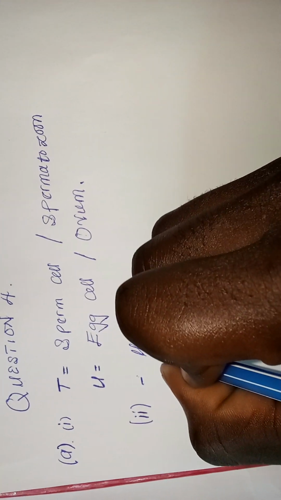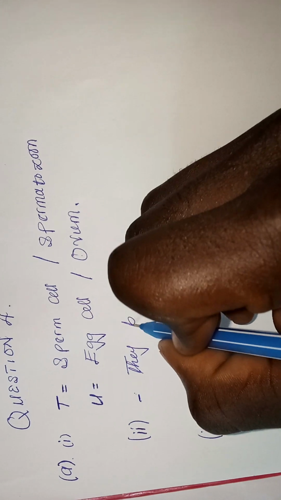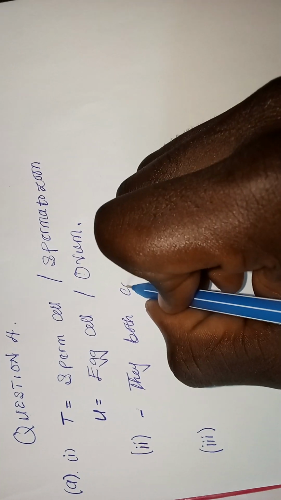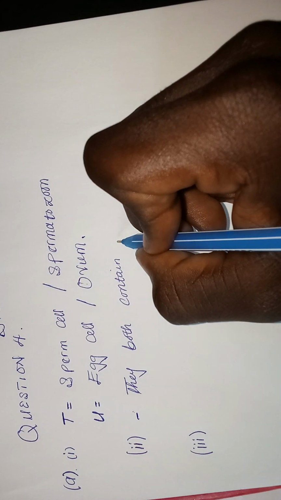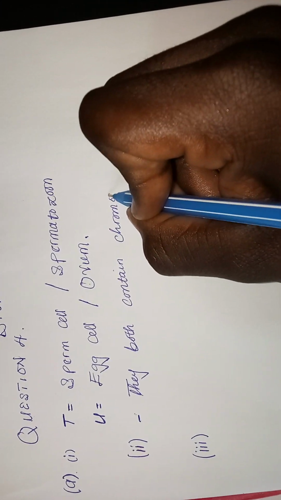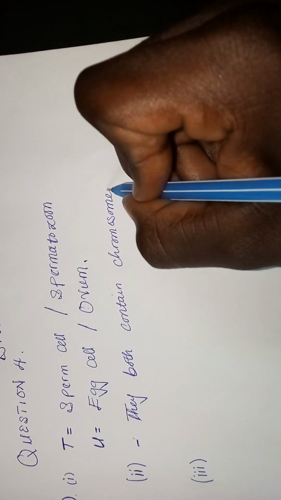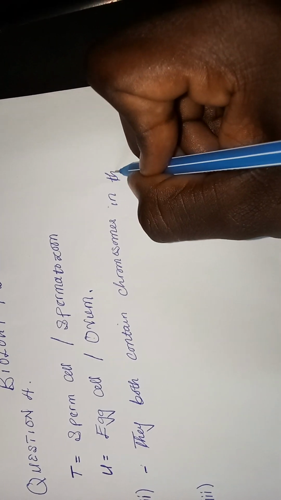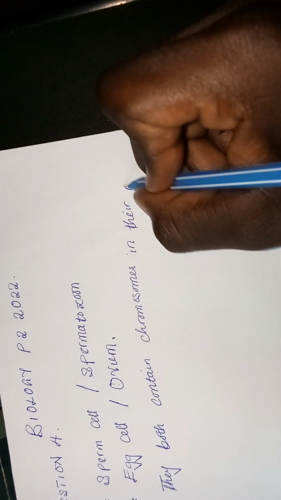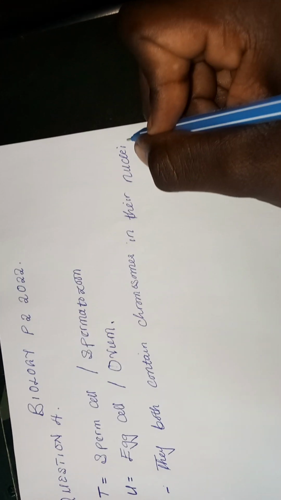So we can say they both contain chromosomes in their nuclei. Okay, so one sex cell gamete contains 23 chromosomes and the other female sex cell gamete contains 23 chromosomes. We move on to 3.